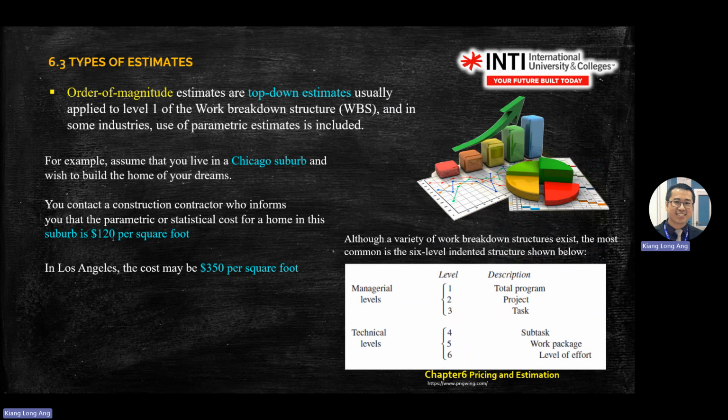This one is in the US, Chicago. You contract a construction contractor who informs you that the parametric statistical cost of a home is 120 per square foot, but in Los Angeles, in a big city, it might be 350 per square foot, for example.